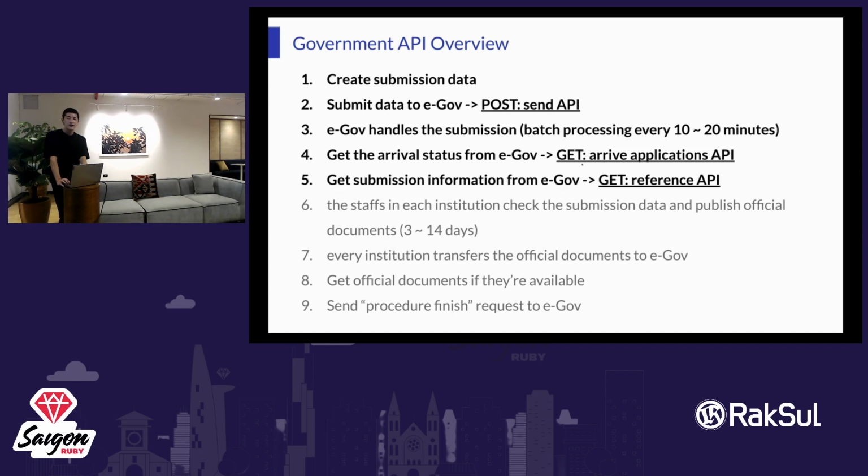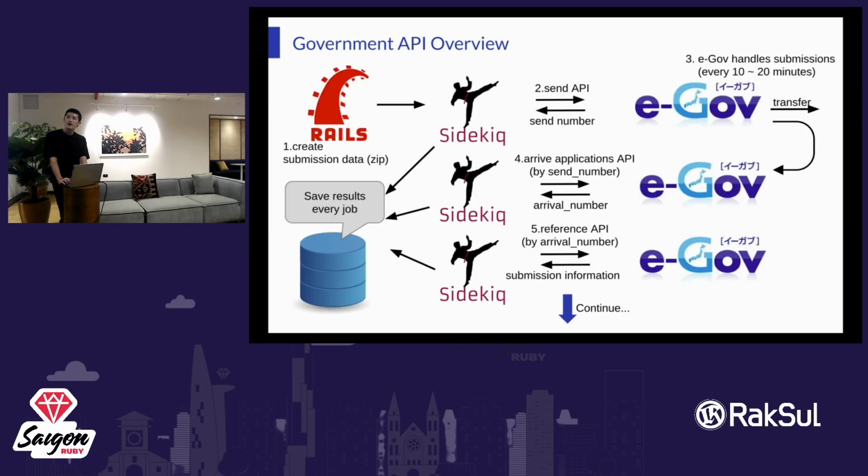We call 3 APIs in these steps. At first, to submit data, we call the PostSend API. Then in step 4, we call the Get Arrival Applications API. For step 5, we call the Get Reference API. It goes like this. At first, Rails creates submission data, actually a zip file.